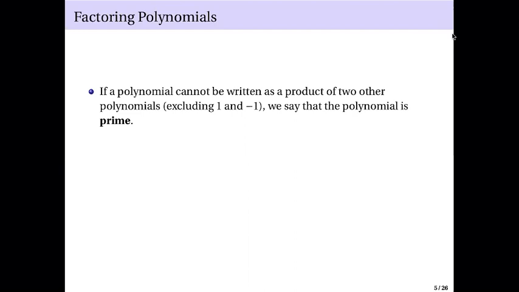So for the polynomials, we also include negative 1. So if the only factors of a polynomial are 1 or negative 1 and itself or the additive inverse, then the polynomial is called prime.